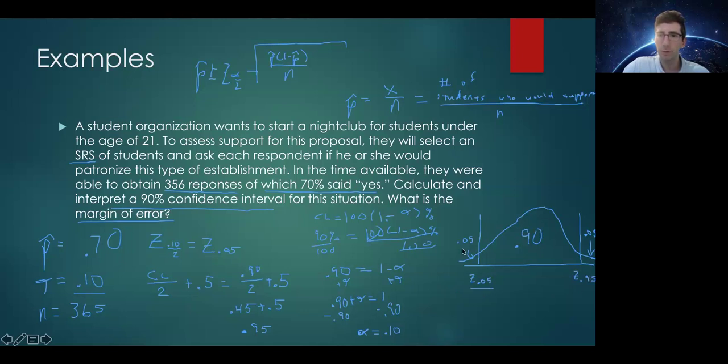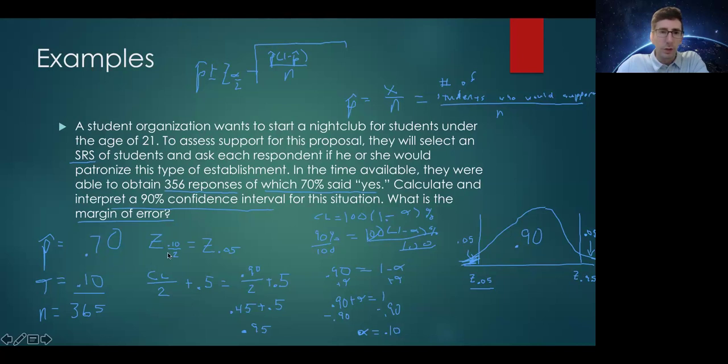So 0.05 is pretty straightforward: there's 0.05 area under the curve to the left here. And this is 0.95 because from the left of this cutoff, we have 0.90 from our interval, then we have to add this 0.05, that's also to the left.